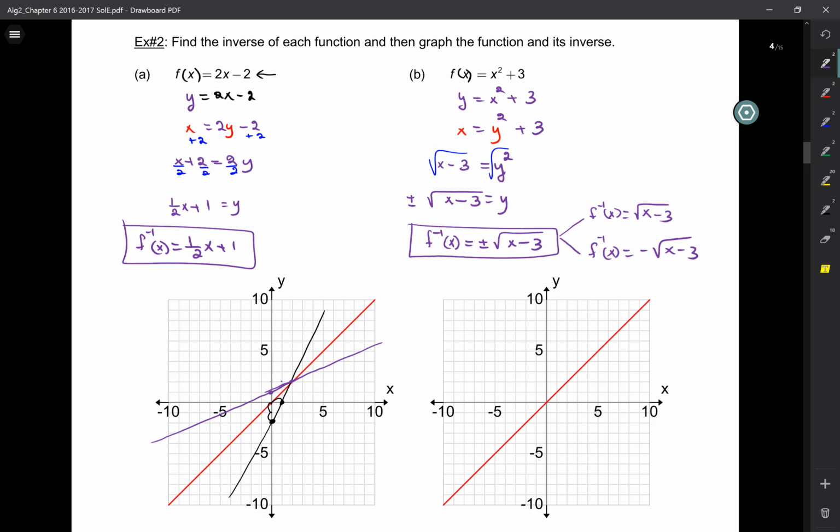Okay. Now, let's graph that black one. What is that graph going to look like, of x squared plus 3? It'll look like a parabola, right? And it's a parabola that's moved up 3 units. So it starts from here, 1, 2, 3, the vertex is there. Now, let's pick points.